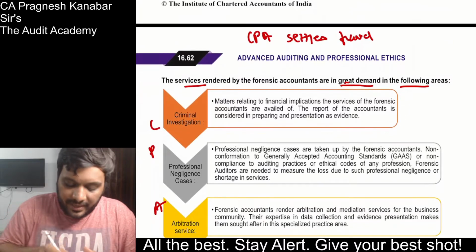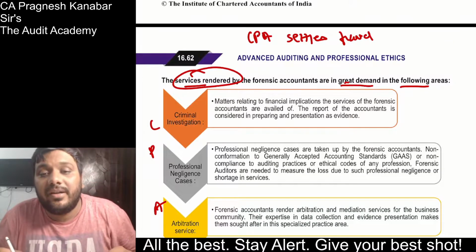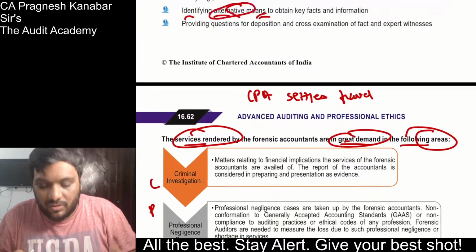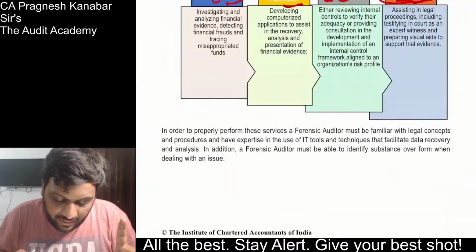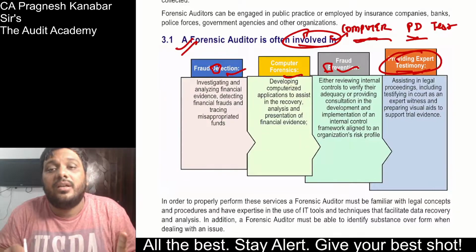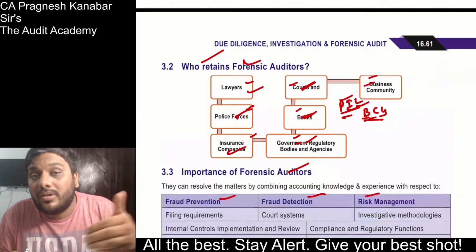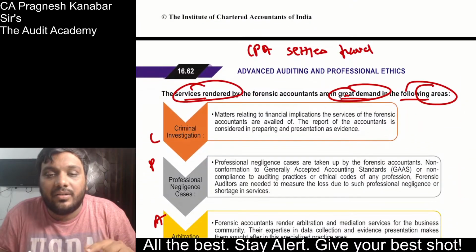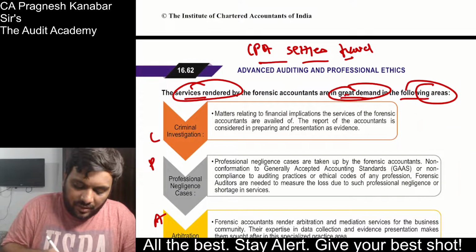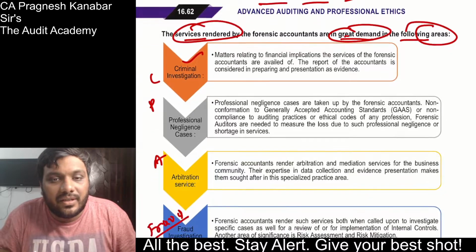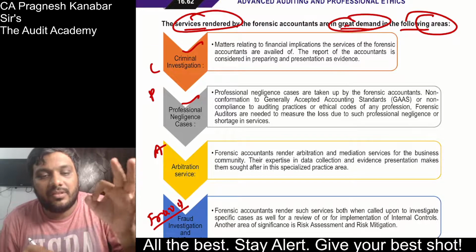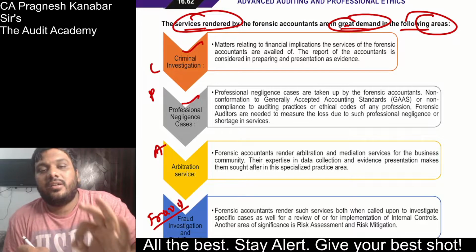Then another question: services rendered by forensic accountants, they are in great demand in following areas. So please be careful. What are the areas where forensic auditor services are in great demand? CPA settles fraud. C for criminal investigation. P for professional negligence cases, where we are supposed to prove that a particular professional is negligent.